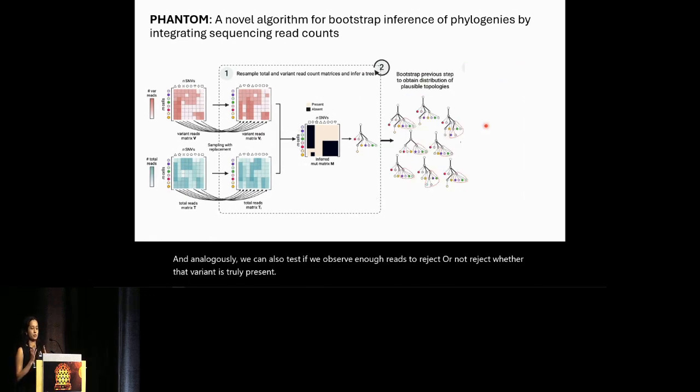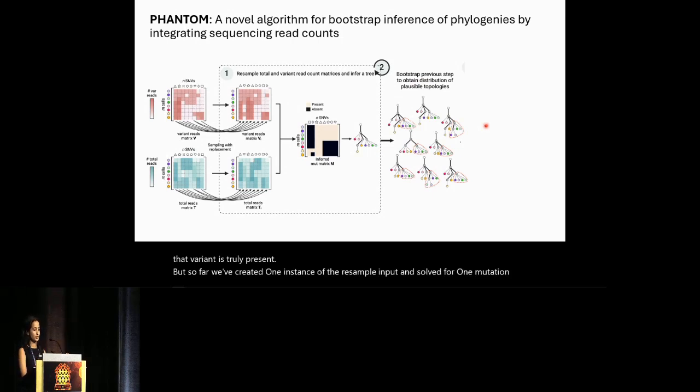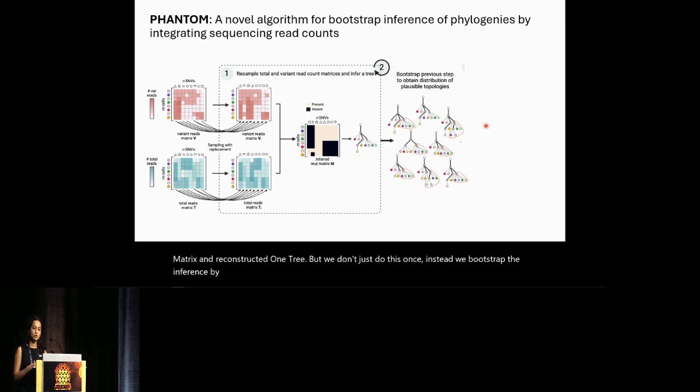But so far, we've created one instance of the resampled input, solved for one mutation matrix and reconstructed one tree. But we don't just do this once. Instead, we bootstrap the inference by repeating step one multiple times to obtain a distribution of plausible topologies, each of which corresponds to one instance of the resampled input matrices.